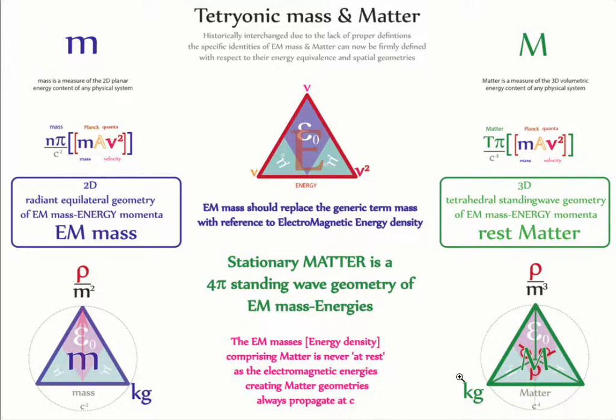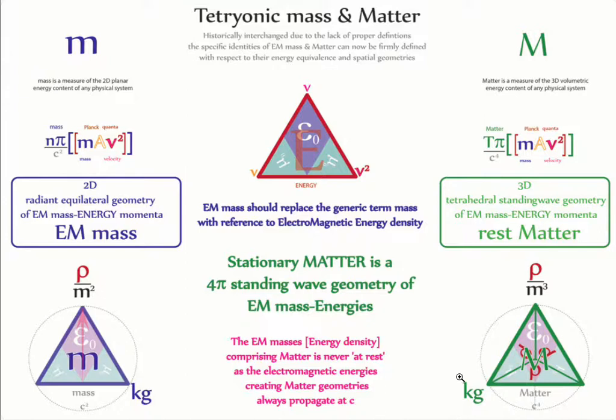Again, just to really stress the point, because it is a very important point, from now on within physics and particularly within quantum theory, it is extremely important to replace or carefully word all references between the different properties of mass and matter.